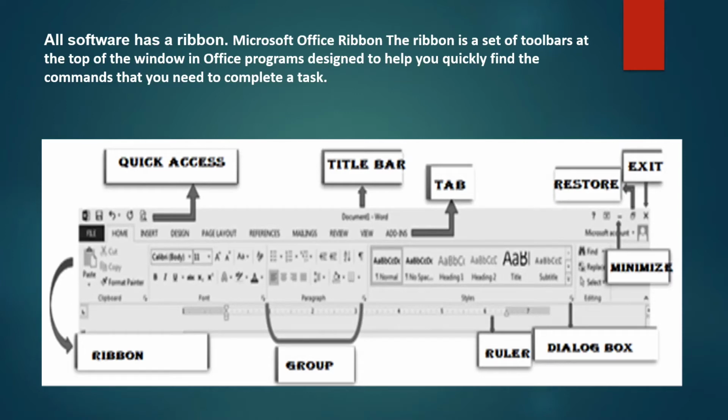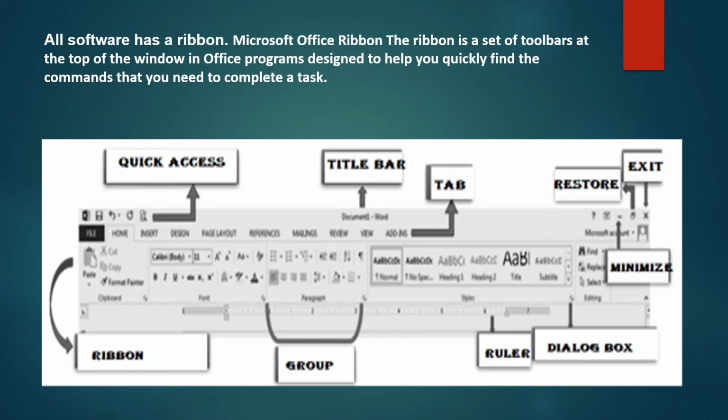Restore is to restore the application program on screen, while minimize is to temporarily close the program. The exit is totally exiting from the program. Then, for the following ribbons, there are several tools in editing the application you open.